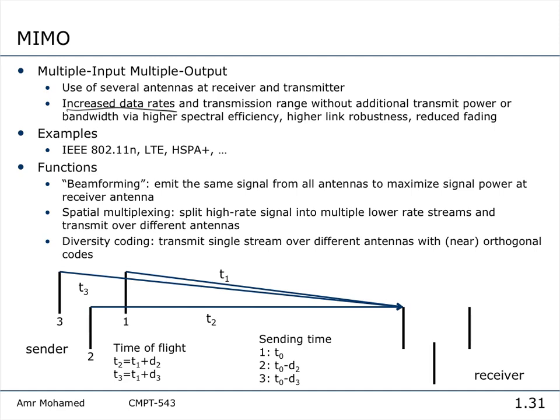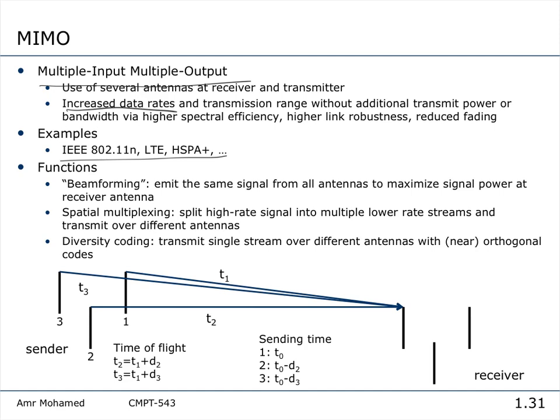How? Of course, this concept MIMO has been introduced in 802.11n and in LTE starting from generation 4, or 4G, as we will talk later, and HSPA, which is high speed packet access. We talked about this before and we'll talk about it later in more detail.